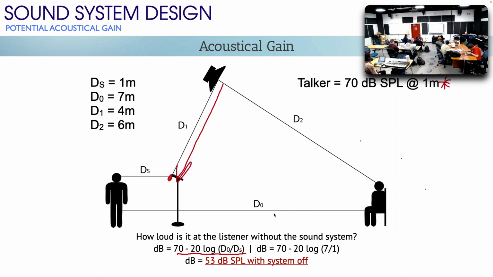That equation, using those two distances, will give us a dB difference. So I can do 20 times the log of 7 divided by 1.